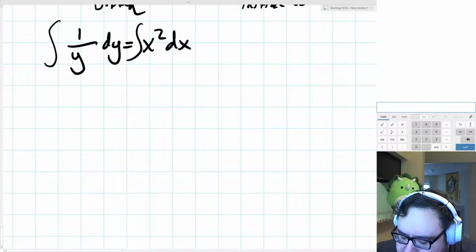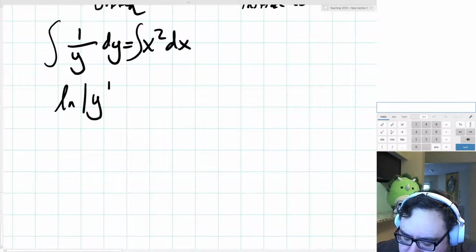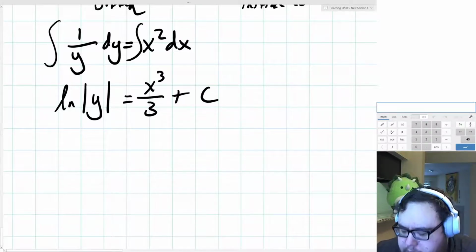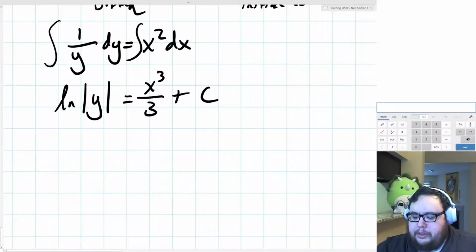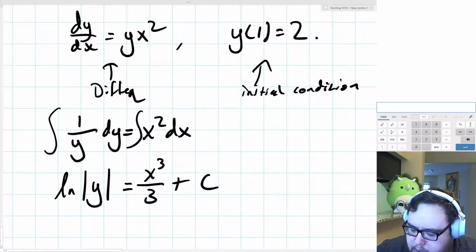So the integral of 1 over y dy is equal to the integral of x squared dx. The integral of 1 over y is the natural log of the absolute value of y. The integral of x squared is x cubed over 3 plus a constant. But now we can actually solve for this constant. We can plug in our number.